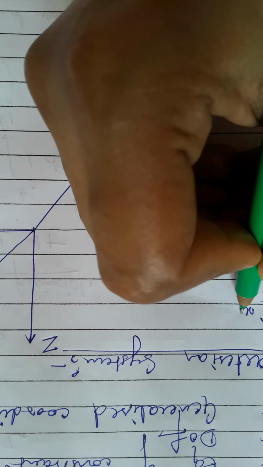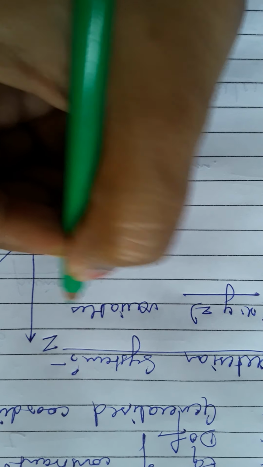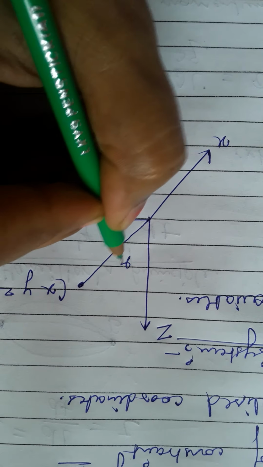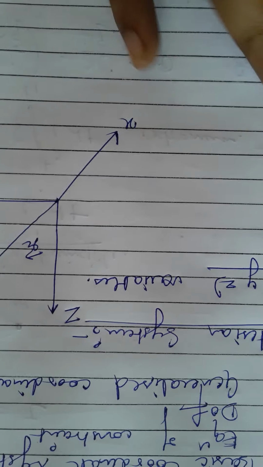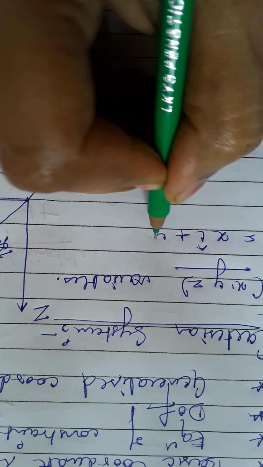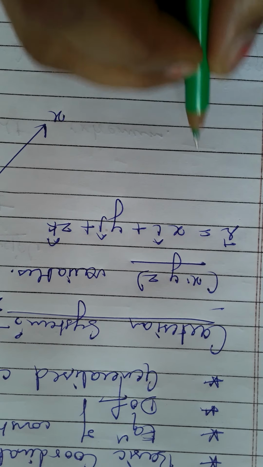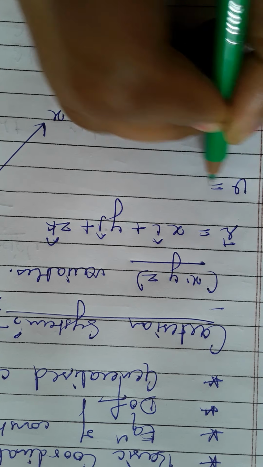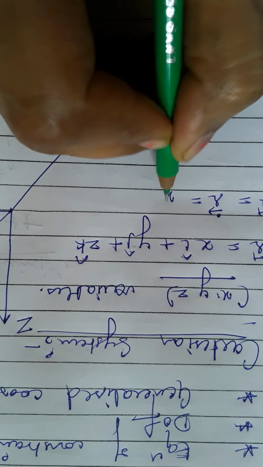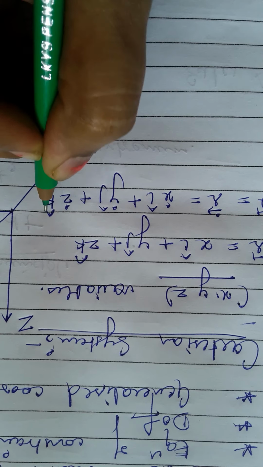So x, y, z are the variables of the Cartesian system. If I want to write the position vector r for this particle, then r will be x i cap plus y j cap plus z k cap. Similarly, you can find v by r dot. It will be x dot i cap plus y dot j cap plus z dot k cap.